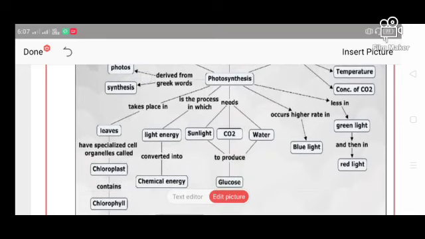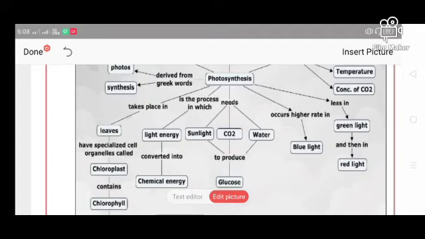Next point is the concentration of carbon dioxide gas. When there is no carbon dioxide gas in your atmosphere, that means inside the mesophyll cells of the leaves, the photosynthesis activity is stopped.